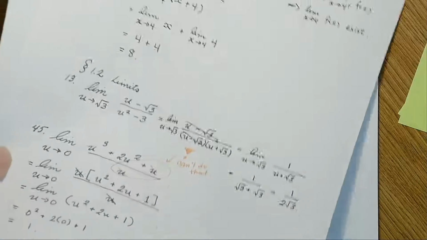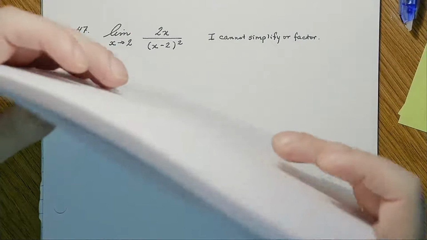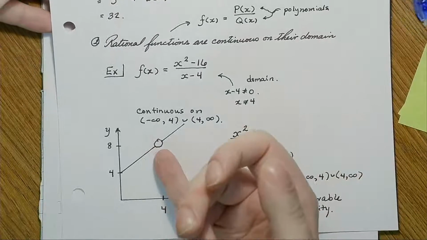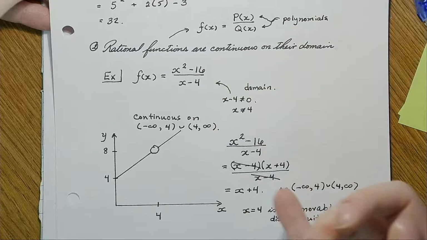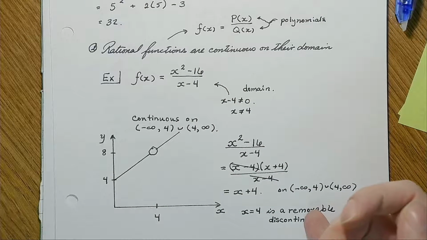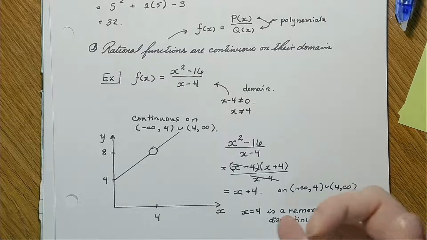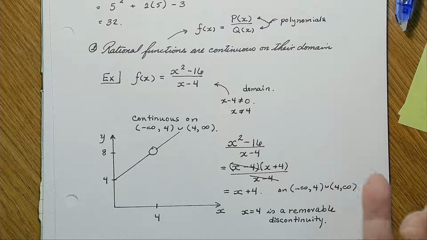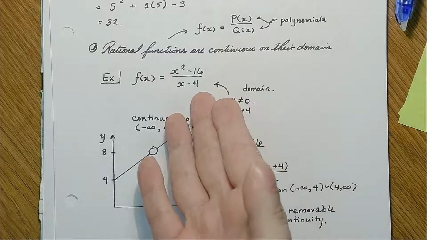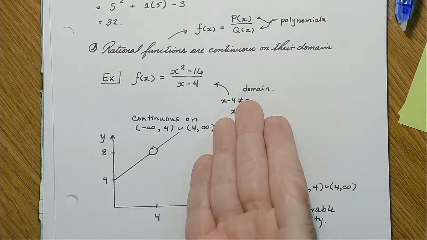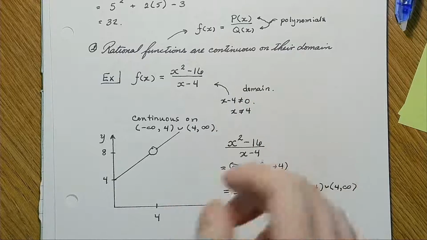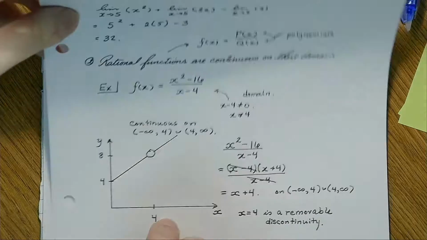So let's go back. In this case, I had this function, I could simplify it, and I got a hole. So it depends on the type of discontinuity that we have. If we have a removable discontinuity, I should be able to find out what that limit is around that point.